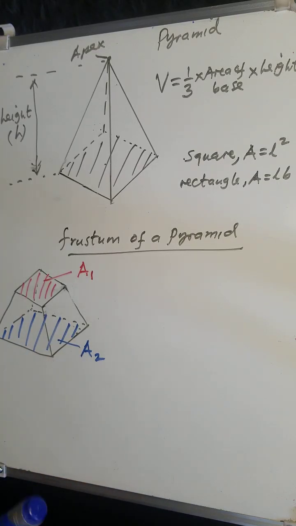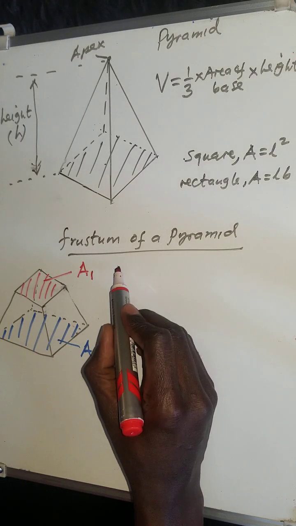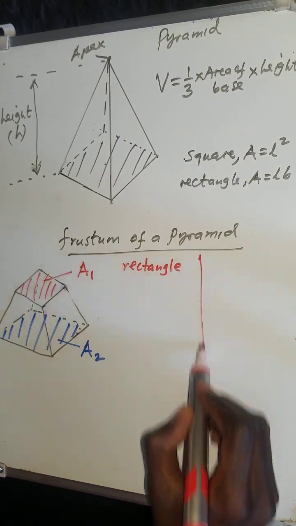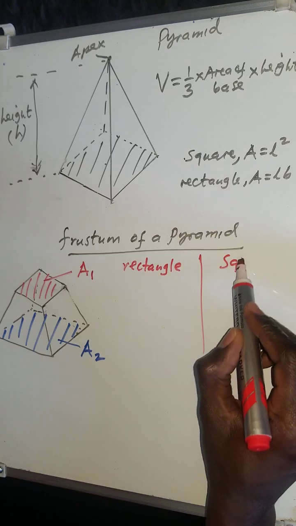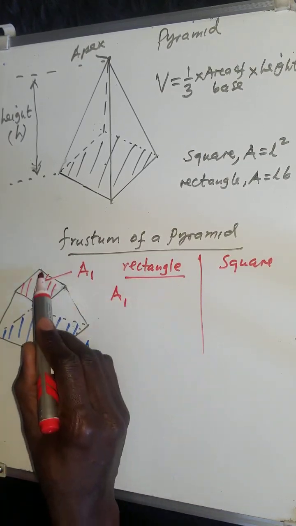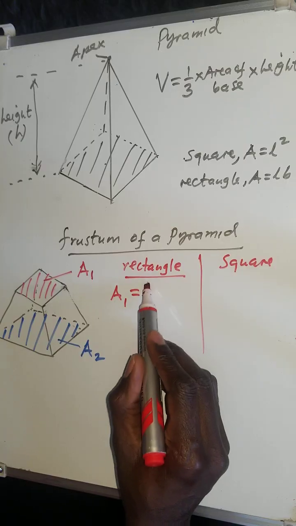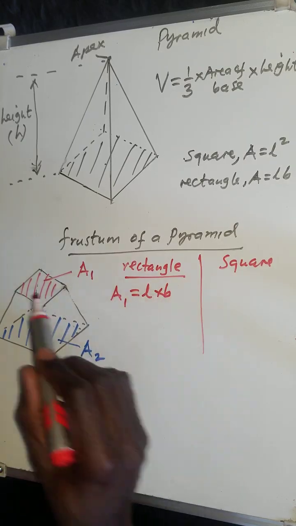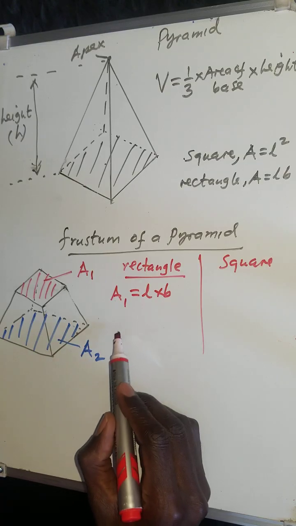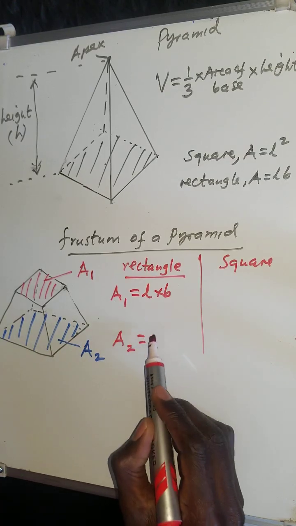So let's assume that it was actually a rectangle. If that was a rectangle, you can get the area for the top part by simply saying it is L multiplied by B, so the length multiplied by the breadth. The same applies to area 2 for the rectangle.